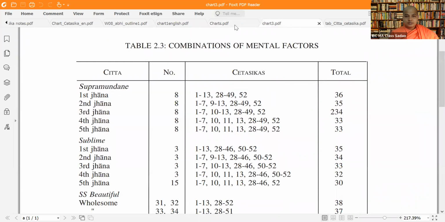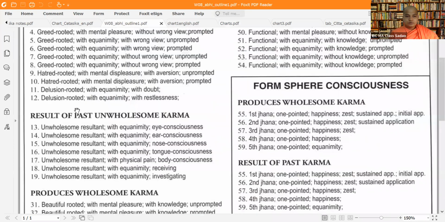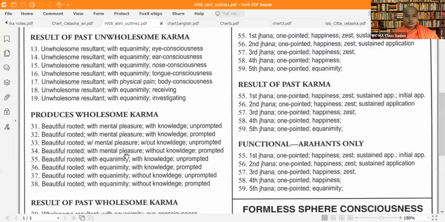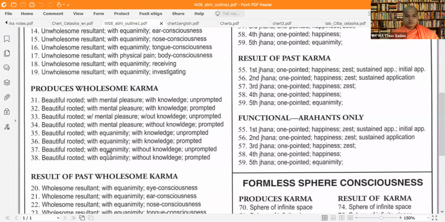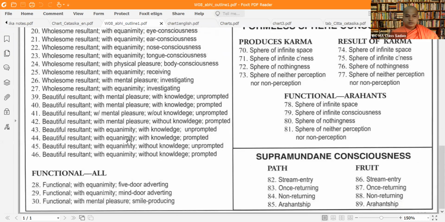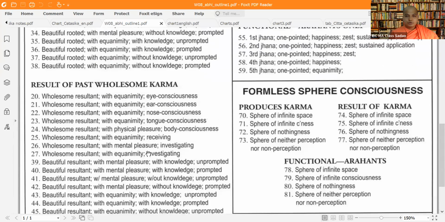So you have these numbers 1 to 12, 18, 19, 25 to 54.